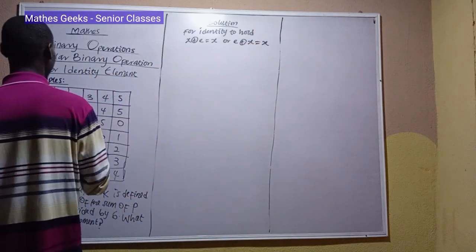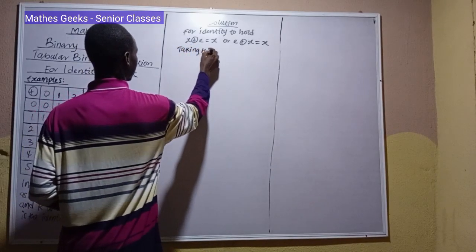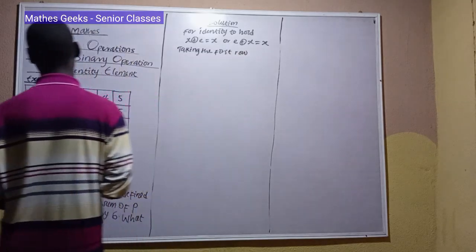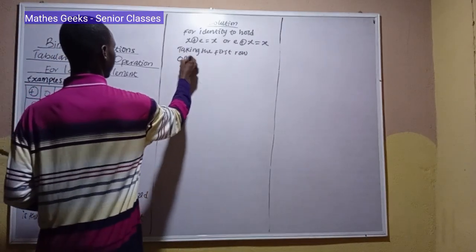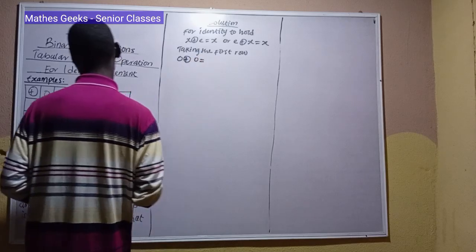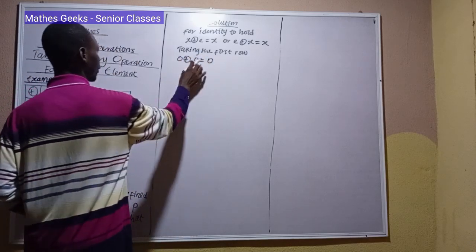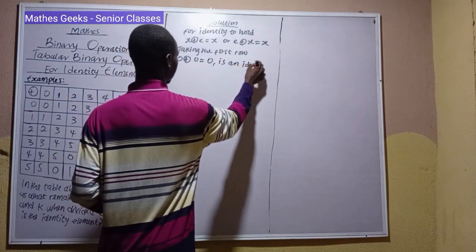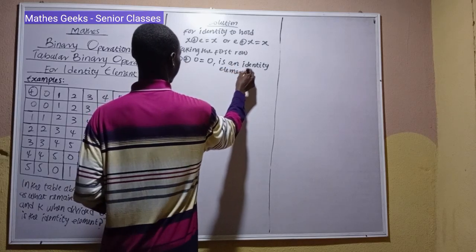So taking the first row, 0 operation 0 is equal to what? Is equal to 0. Since 0 operation 0 is equal to 0, that means 0 is an identity element.